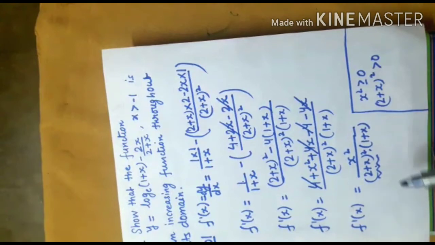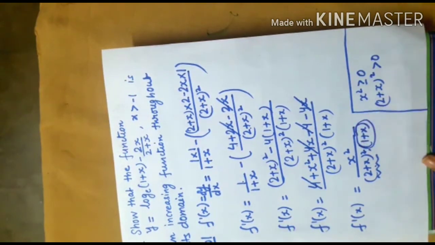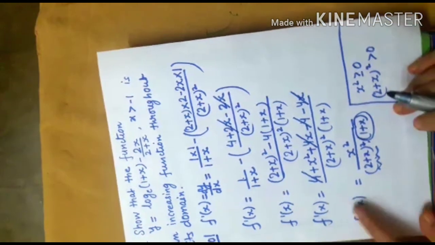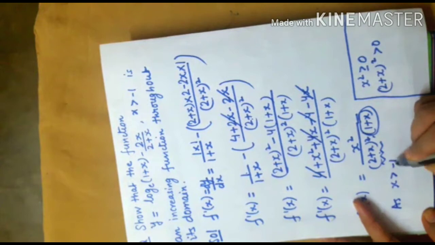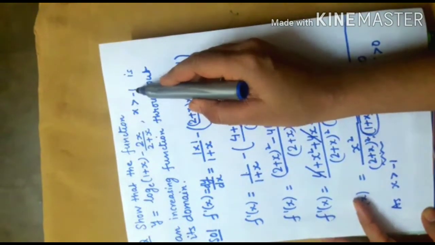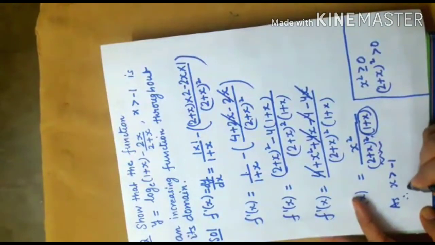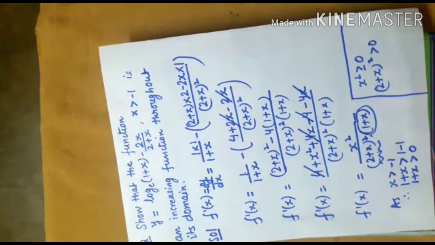So the sign of the derivative will depend on the remaining factor. Now look here: as x is greater than minus 1, given in the question, therefore 1 plus x will be greater than 0.